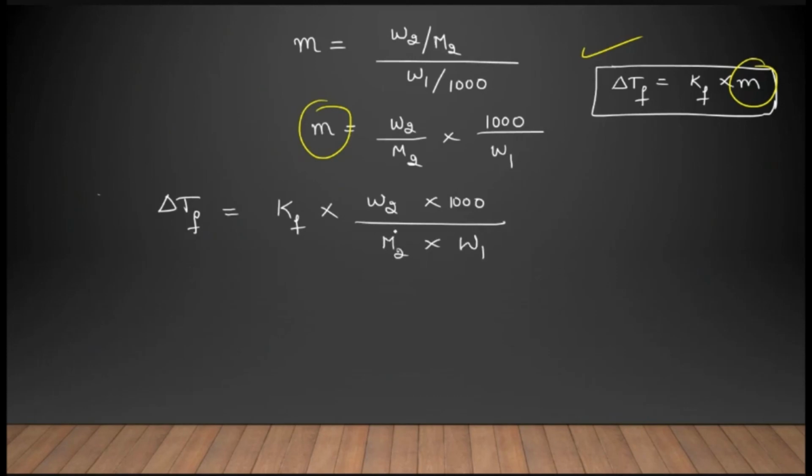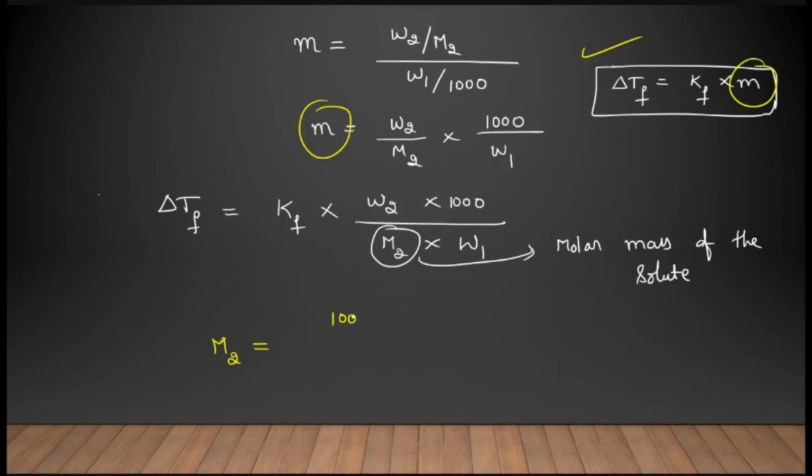Since we are interested only in M2, the molar mass of the solute, we will rearrange this equation, that is M2 is equal to 1000 into Kf into W2 divided by delta Tf into W1.